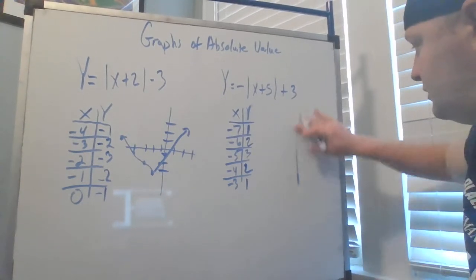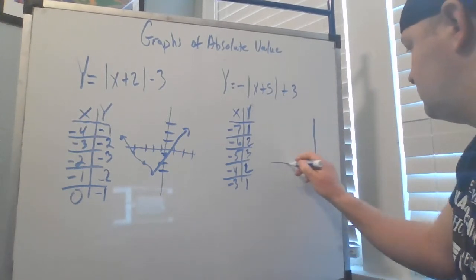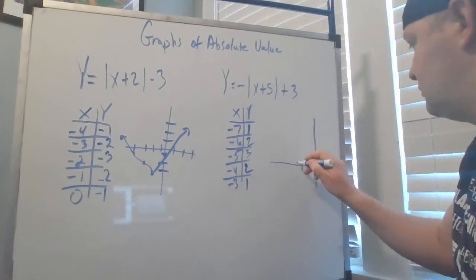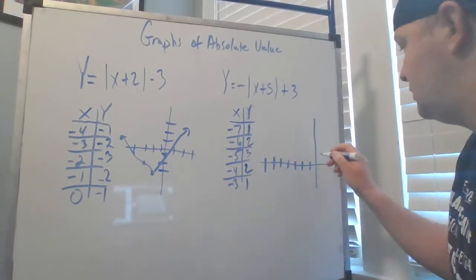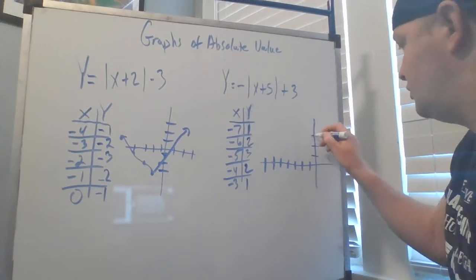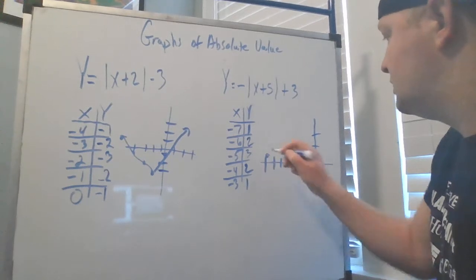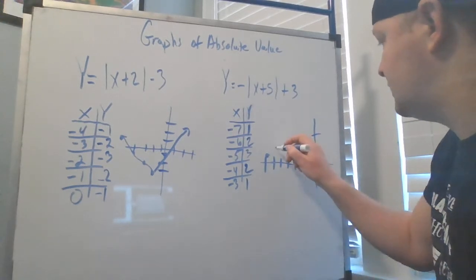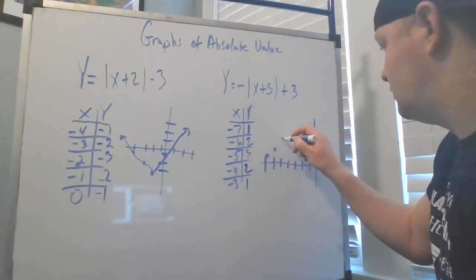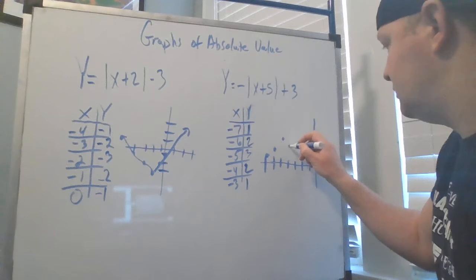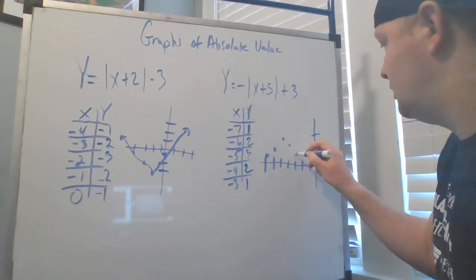Let's make this a little easier. -7 is at 1. -6 is at 2. -5 is at 3. -4 is at 2. And -3 is at 1.